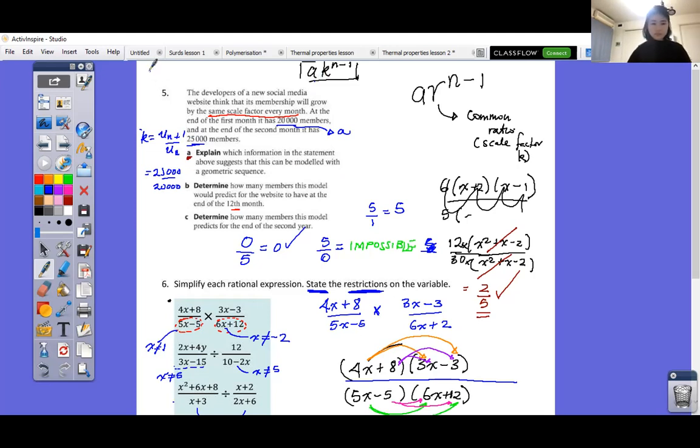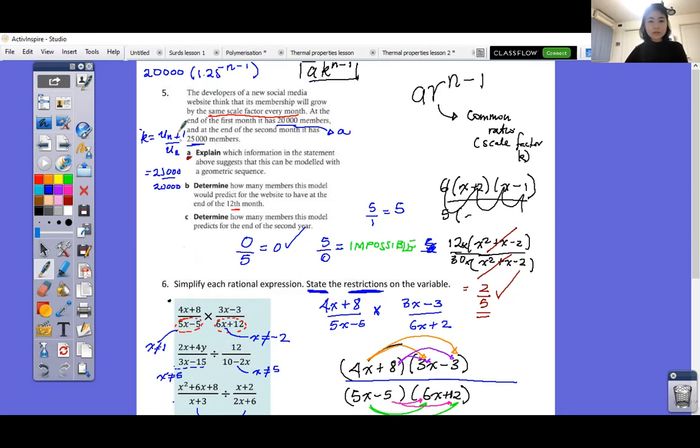So what does your formula look like? It looks like this: 20,000 multiplied by 1.25 to the power of n minus 1. Does that make sense? Yeah, it makes sense. Good.